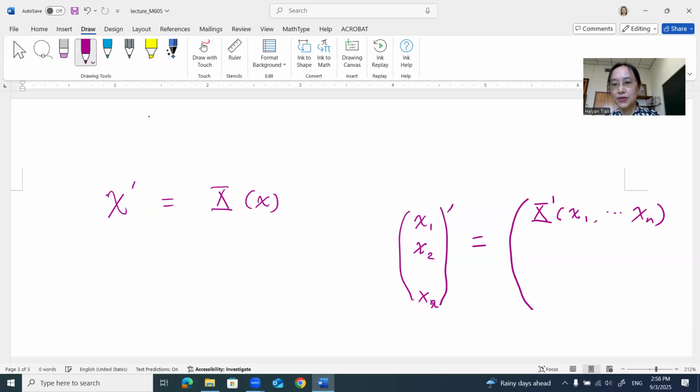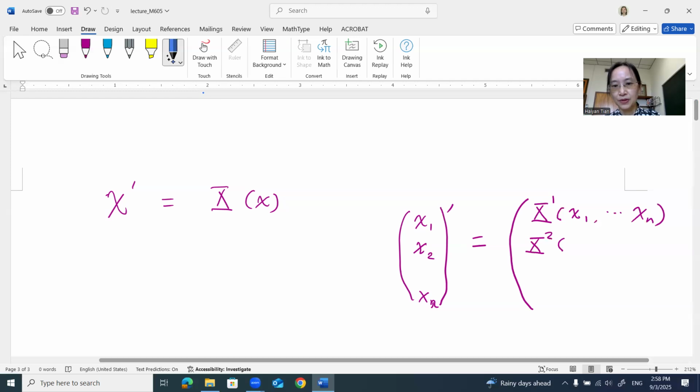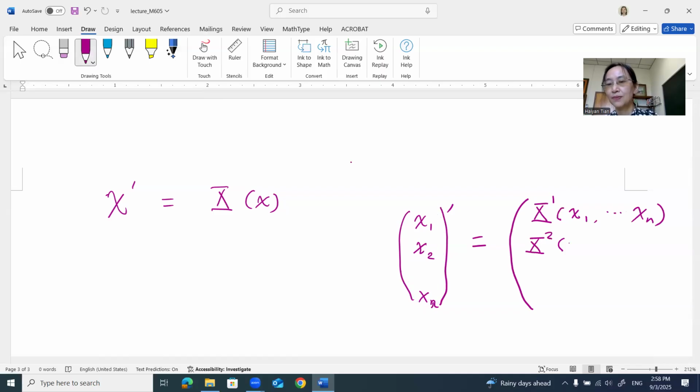So the second component of the vector field also depends on this small x. Small x means it depends on each component of the lowercase x: x1, x2, all the way to xn.